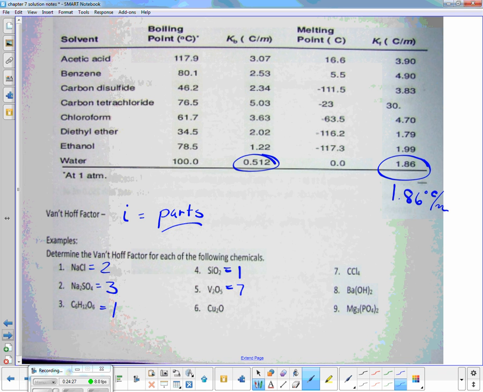Copper 1 oxide, 2 coppers, 1 oxygen, I is 3. Carbon tetrachloride. Carbon and chlorine are close together on the periodic table, both above the staircase, so it's going to be covalently bound. It's a 1. Barium hydroxide. 1 barium, 2 hydroxides, I of 3.